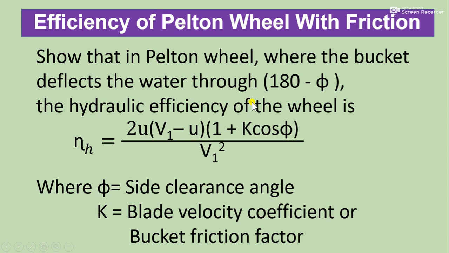So hydraulic efficiency of the wheel is to be shown as 2u bracket v1 minus u second bracket 1 plus k cos phi divided by v1 square, where phi is side clearance angle. It is also called as vane angle at outlet, and K is blade velocity coefficient, or it is also called as bucket friction factor.